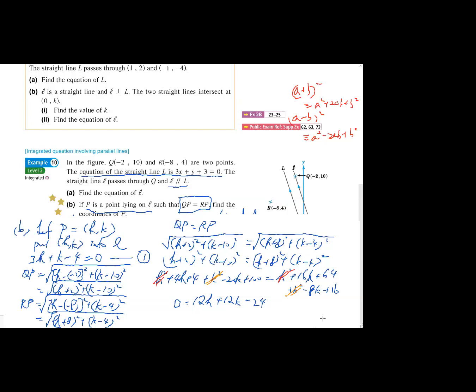Because when 0 is divided by anything, it is still 0. And 12h divided by the common factor 12, remaining h and then k minus 2. That will be much simplified, right? And then we will label this to be equation 2.